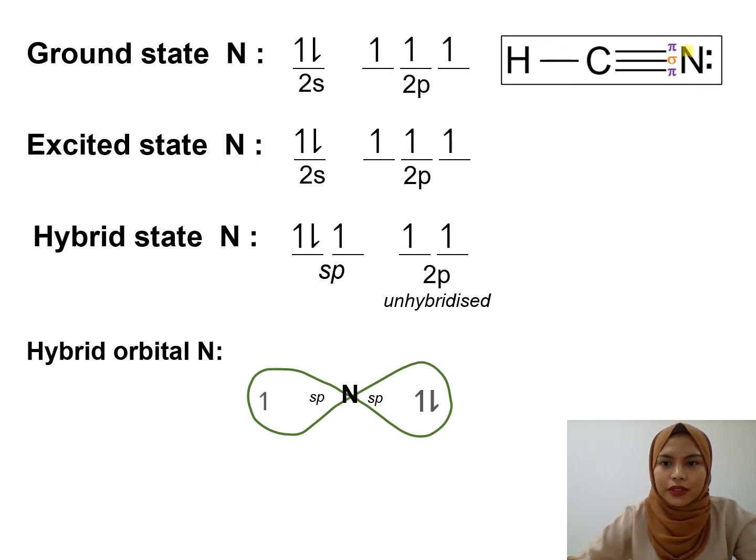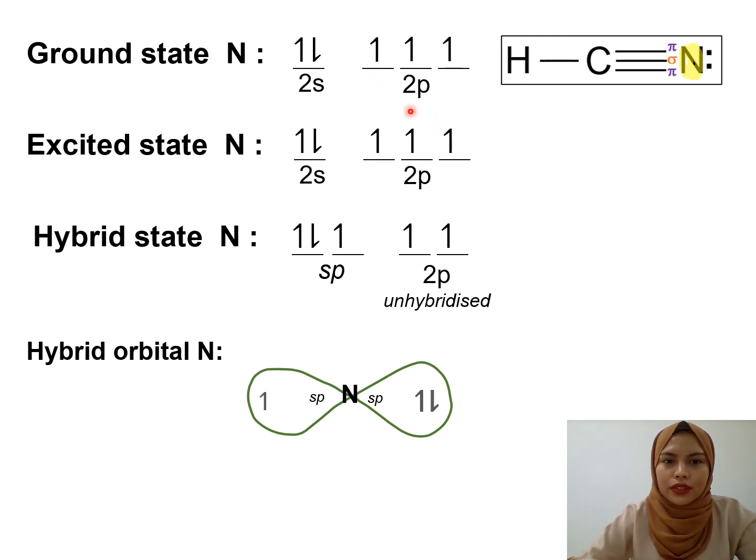Okay, so this nitrogen atom dia ada sp type of hybridization. Okay, and then dia ada satu lone pair, satu sigma bond dan juga dua pi bond. Kiranya kalau you boleh expect lah, this nitrogen atom ni dia kena ada satu orbital yang ada sepasang elektron dan juga dia kena ada 3 single electrons.